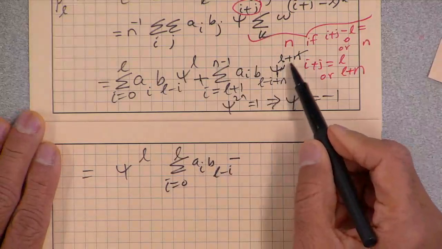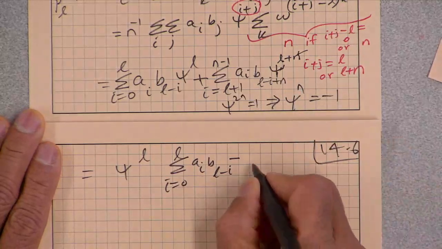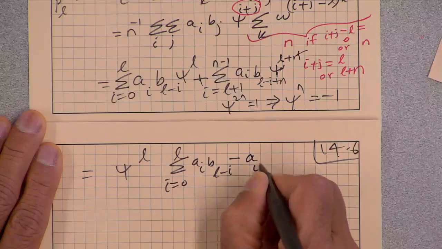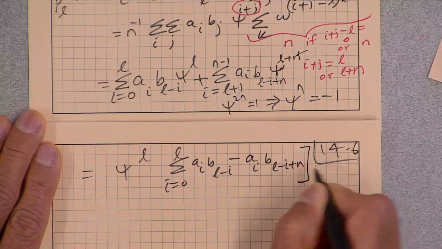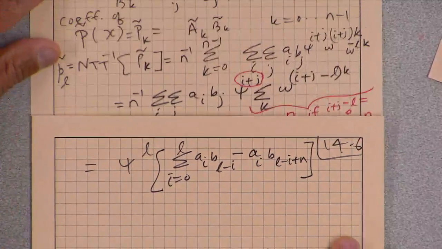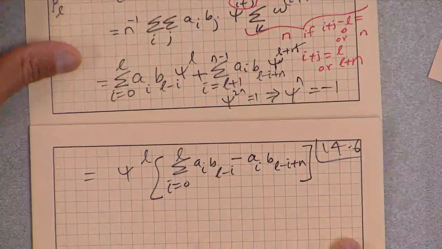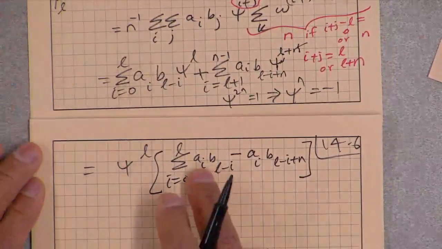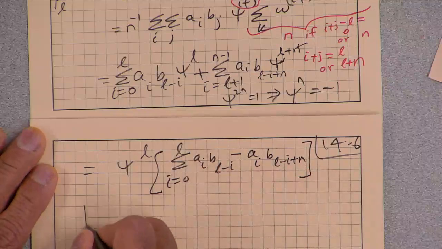Because psi to the power n is minus 1, minus a_i b_(L minus i plus n), and that is P_L tilde.